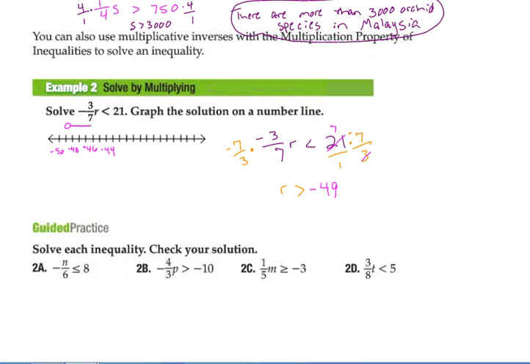I know it's greater than because, again, I did flip that sign because I multiplied by a negative. I know I have to switch the sign. Okay, multiplying and dividing. So again, with that in mind, go ahead and look at guided practice 2.